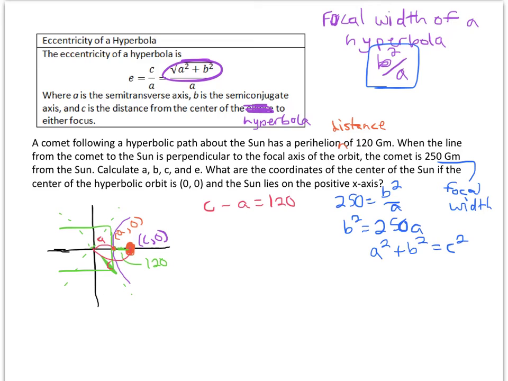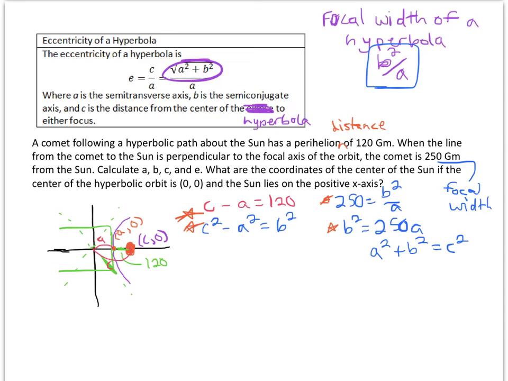Let's rewrite that as c squared minus a squared equals b squared. Now I have a system of equations, and I'm going to solve this system. We're going to use these three equations that I have.